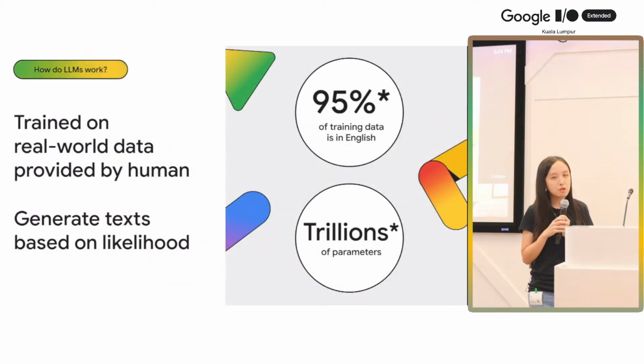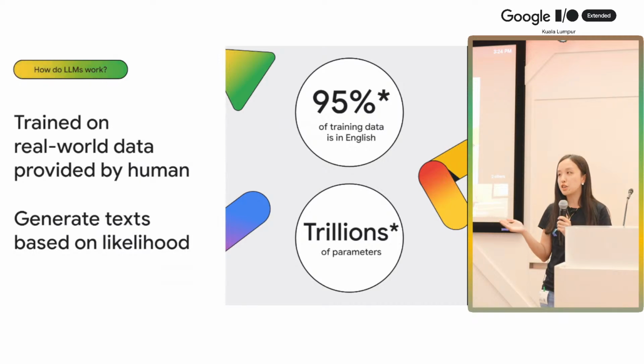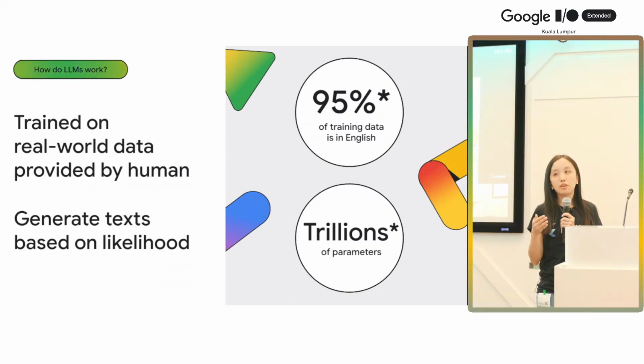We already know that large language models are trained on real-world data, and that data is provided by humans. So it first has to be hand-labeled by humans, and then it is fed into the training. When it outputs, it will generate text based on likelihood. Some statistics here, I put an asterisk because these are not official data.